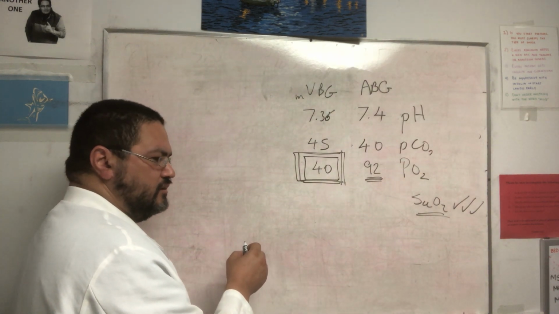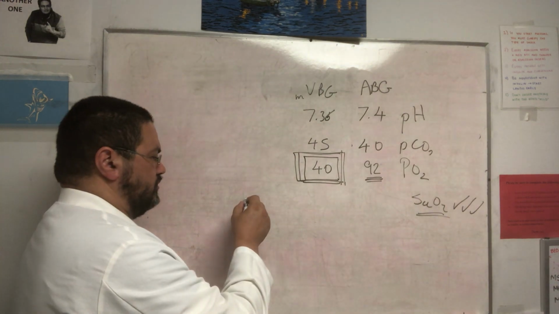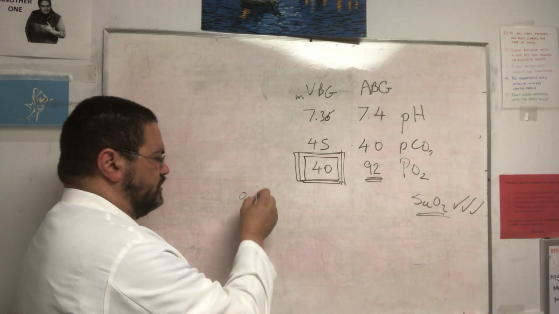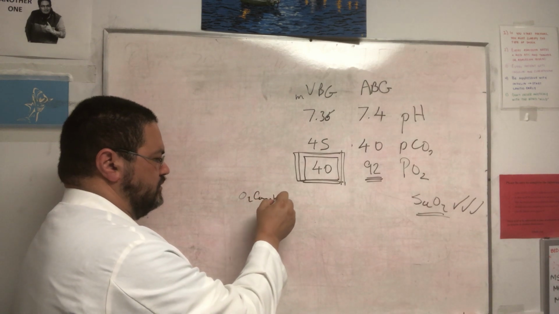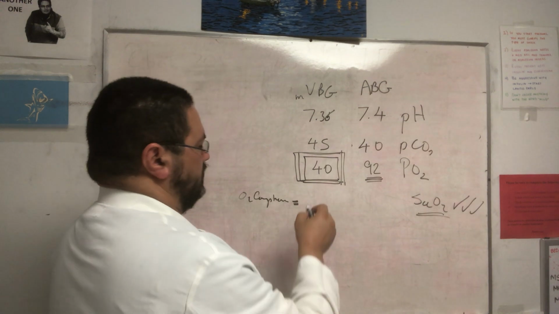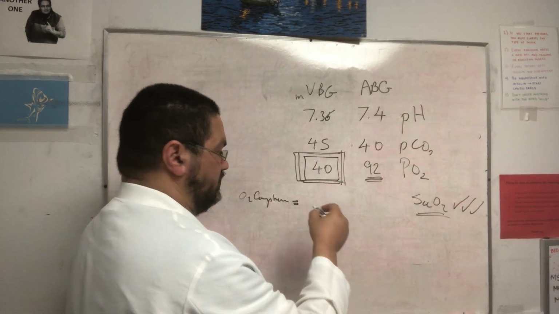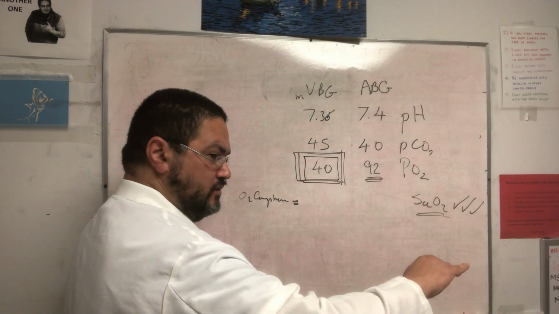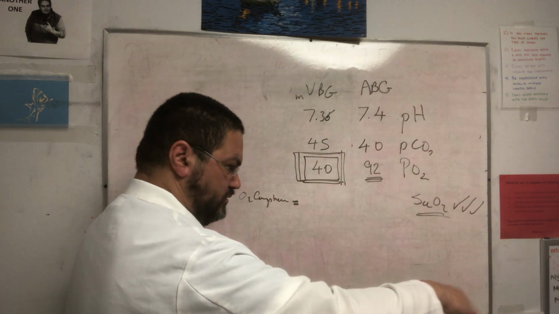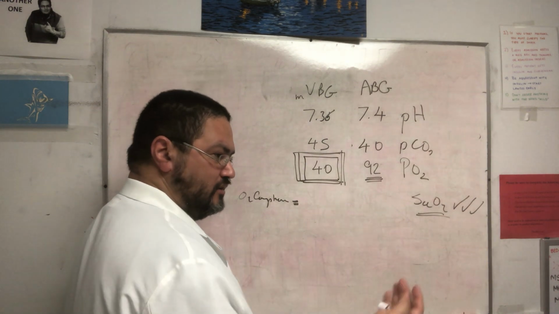But let's say the oxygen consumption. The oxygen consumption of the body per minute equals the blood that is going into the arteries, minus what the tissues are taking, minus what's coming in the vein, right?